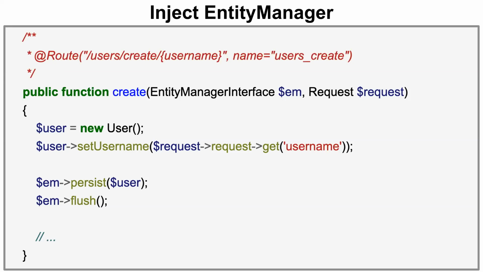And then flush just computes all of those changes and writes them to the database with insert SQL statements and update and delete statements to synchronize the state of all of the objects that you have in PHP's memory with the state of the database in MySQL or SQLite or Postgres. And the Doctrine ORM will execute platform-specific SQL to persist all of that data to the database.